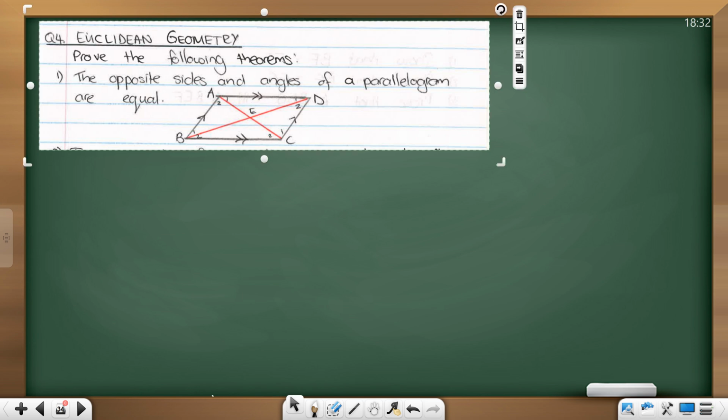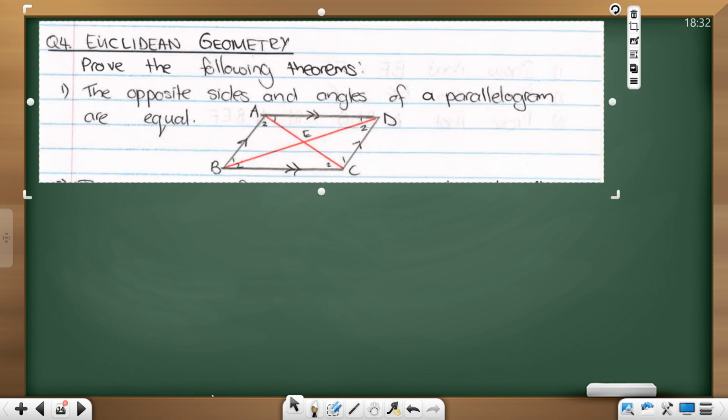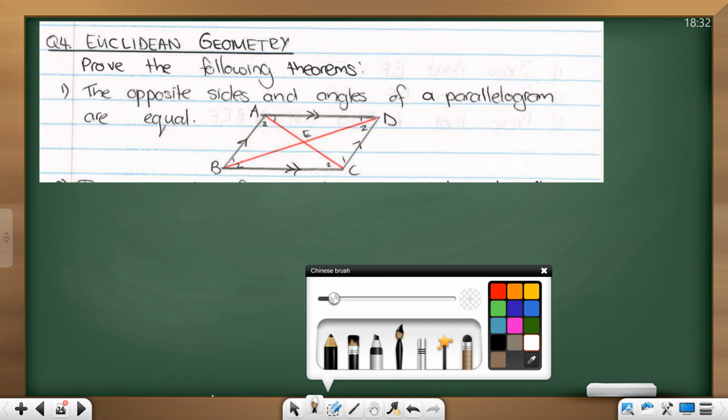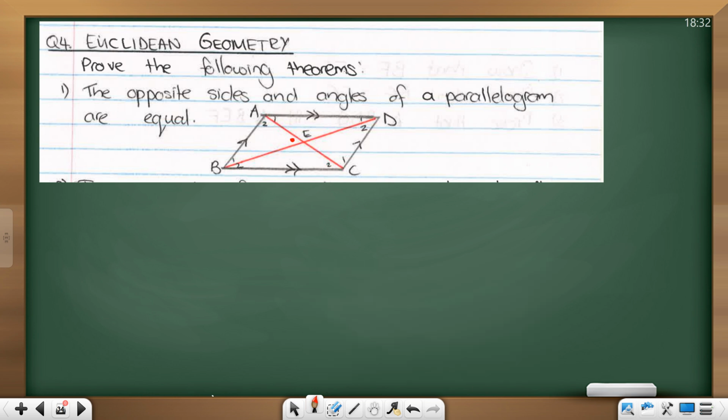Okay, so you want to prove that what? The opposite angles and sides of a parallelogram are equal. I am going to start with what they gave us: these two lines as being parallel. They are equal.